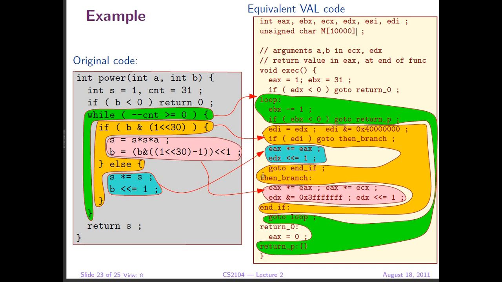You can see that the yellow skeleton on the right has similar holes for holding the translation of the then branch and the translation of the else branch. So the translation of the if will have two placeholders for the translation of the else branch and the translation of the then branch. So this is pretty much how it will work.